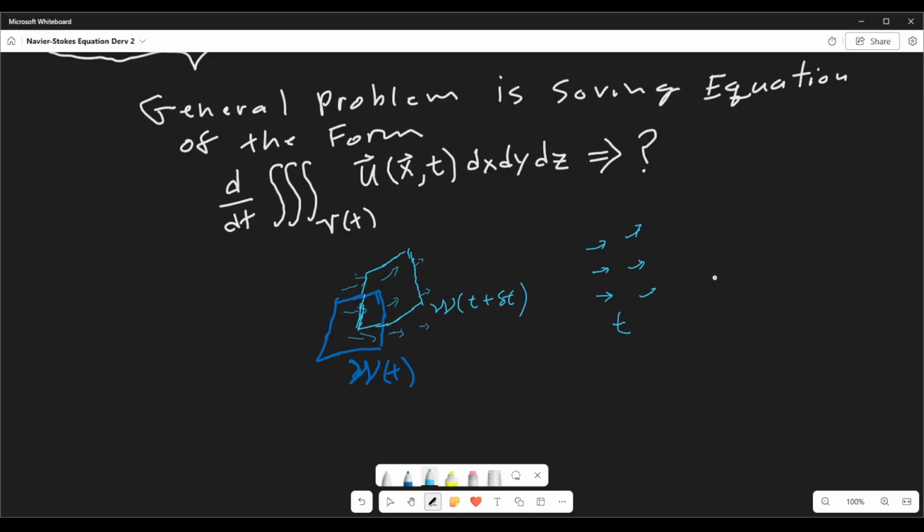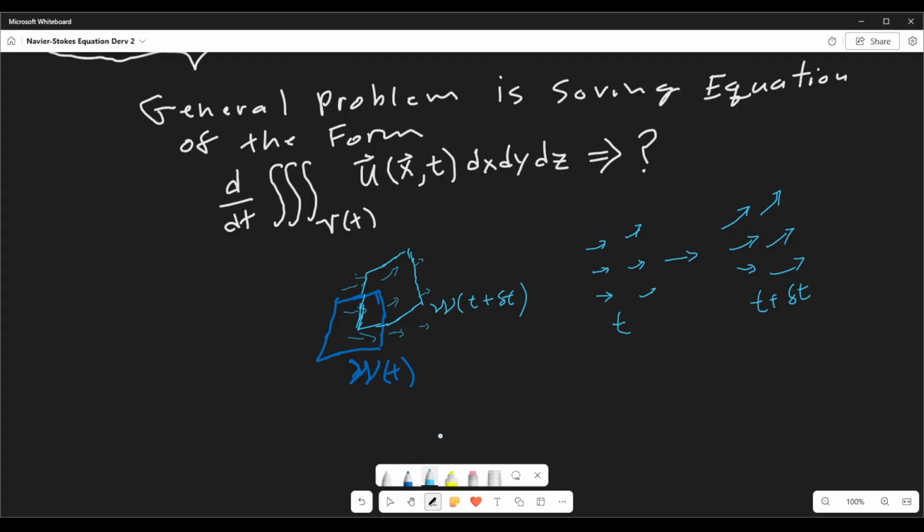And then let's suppose at a later time, it goes and increases or something. So if I just move the d by dt in and integrate the u, I'll basically be doing this. So it'll be just accounting for changes in the actual velocity field. But it also has to take into account changes in the motion of the W.